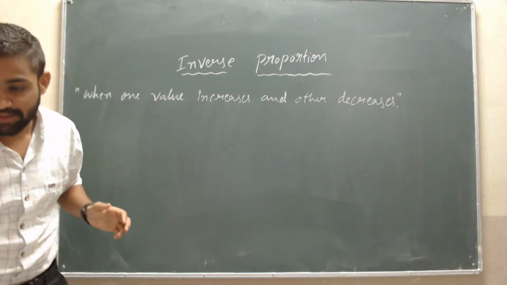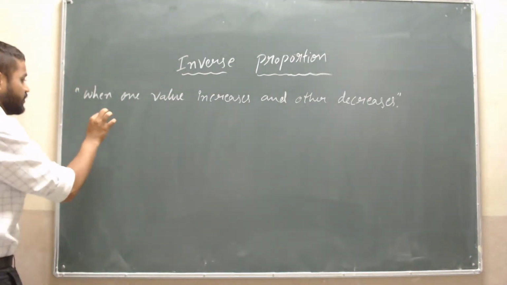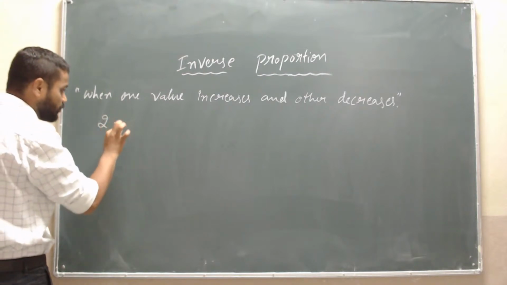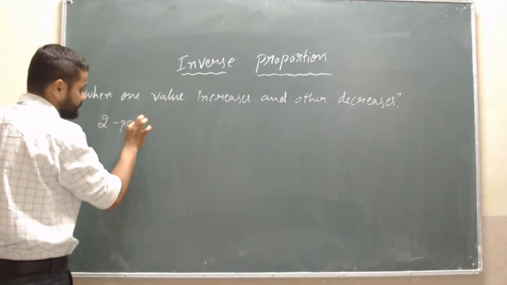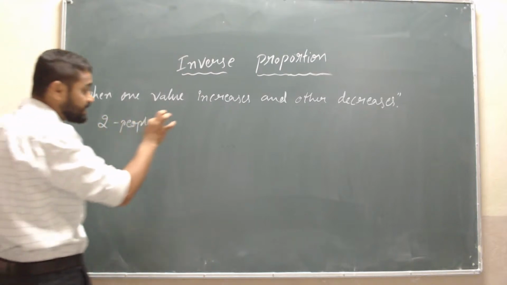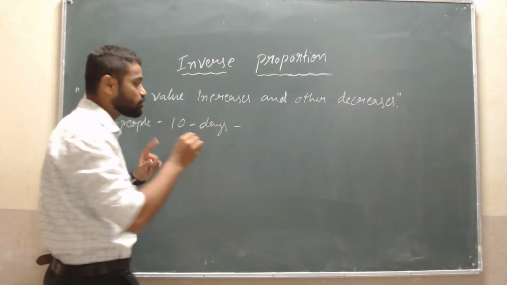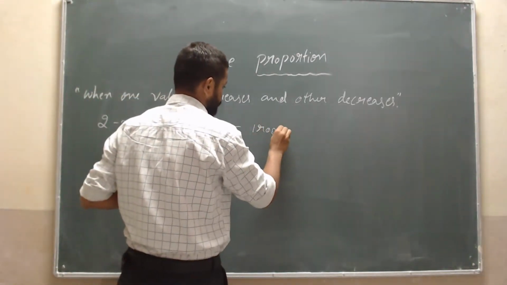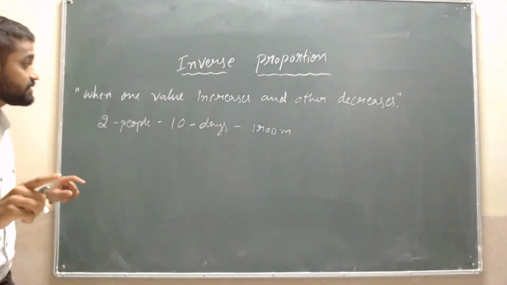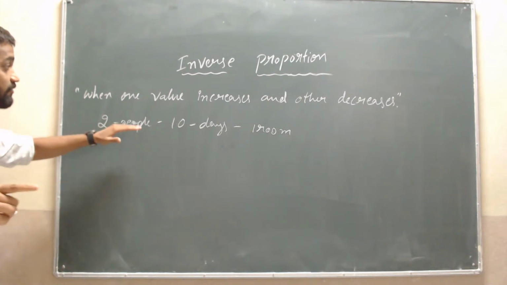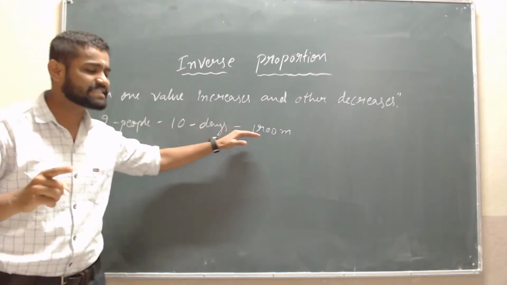I will give you one example: if two people take 10 days to construct one room, are you getting my point? Two people will take 10 days to construct one room.